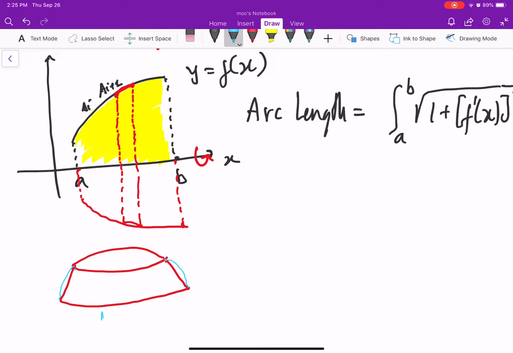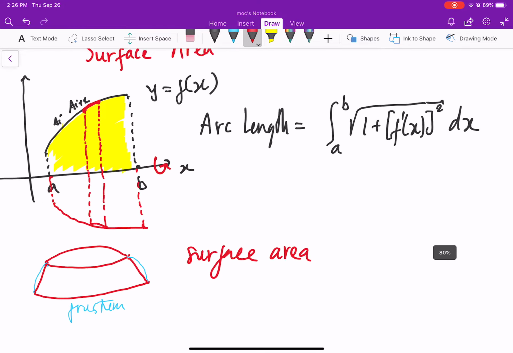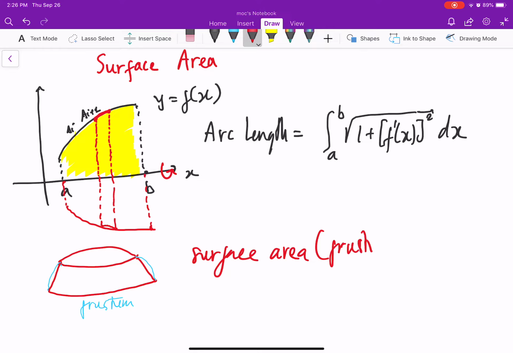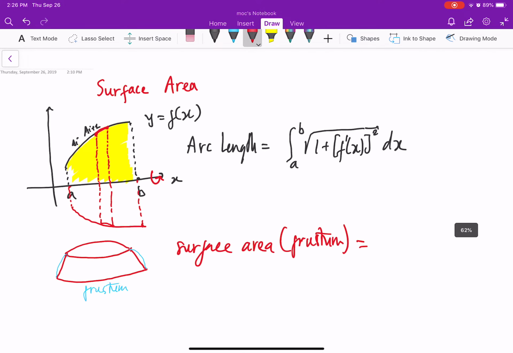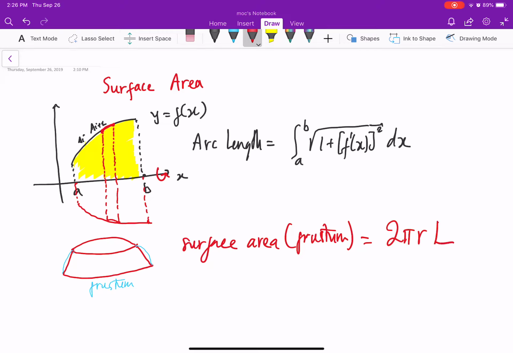And we know the surface area of the frustum in this situation can be found by using the formula: surface area of the frustum equals 2 pi r L, where L is the distance from this point to this point.